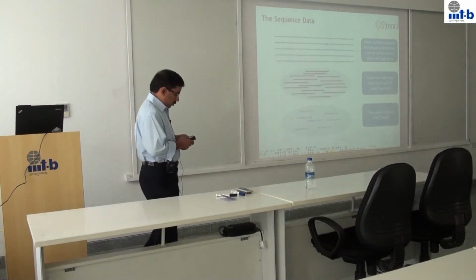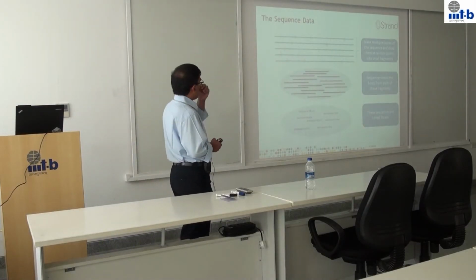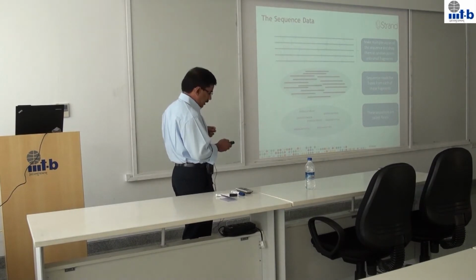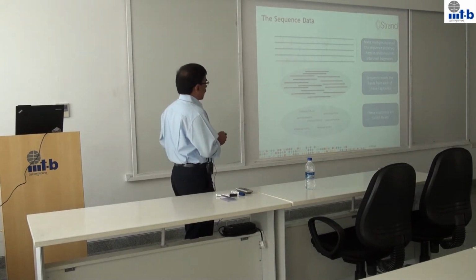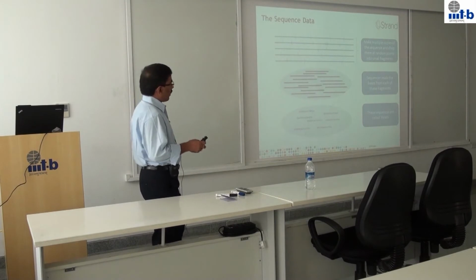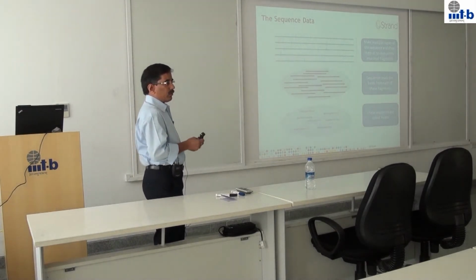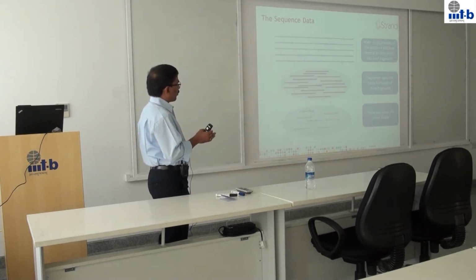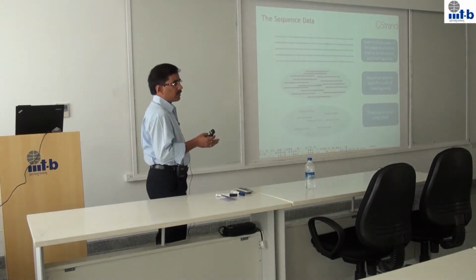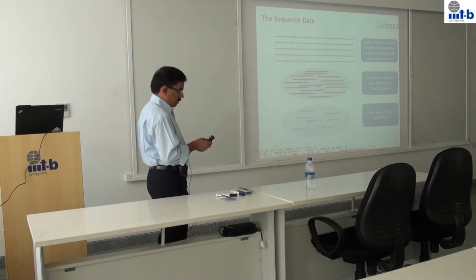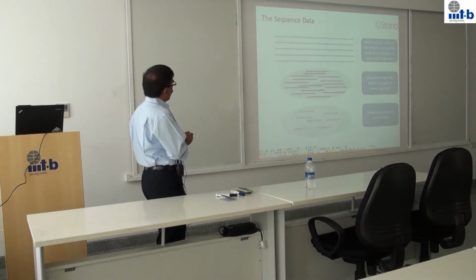So what kind of data do we get out of this NGS technology? Currently the technology is not available to read the entire sequence from start to end. The most we can do is read a couple of hundreds of bases, or at most a few thousands of bases from the sequence.